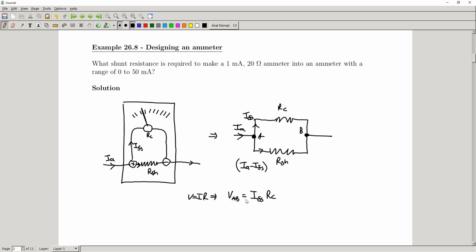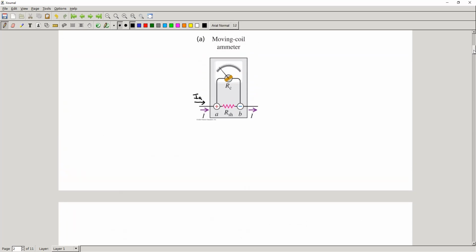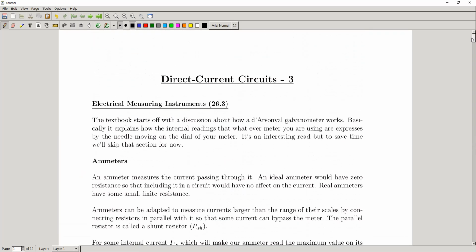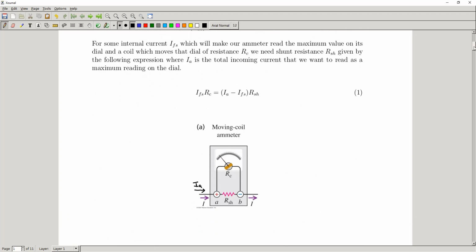It's going to tell us that VAB is equal to IFS times RC across this upper branch, but across the lower branch it's also going to be equal to IA minus IFS times RSH, right? And so this is the formula that we're given above, to describe how these two resistances are going to relate to each other.